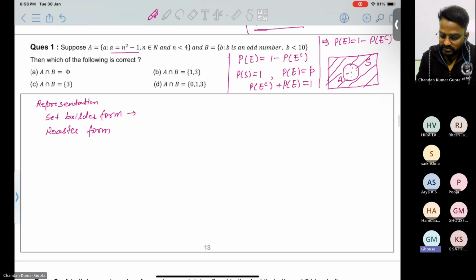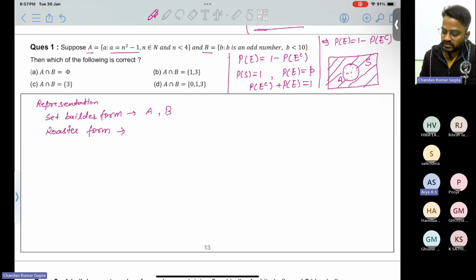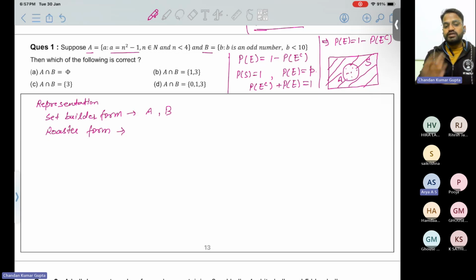Set builder form is a kind of rule that gives a formula to build the set, and in roster form, we write down the set with the help of its elements.